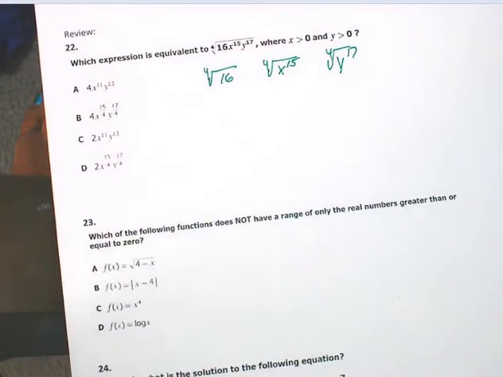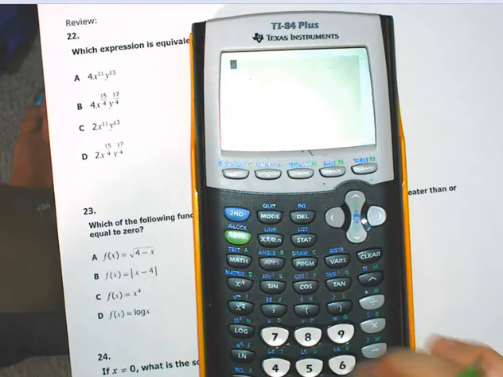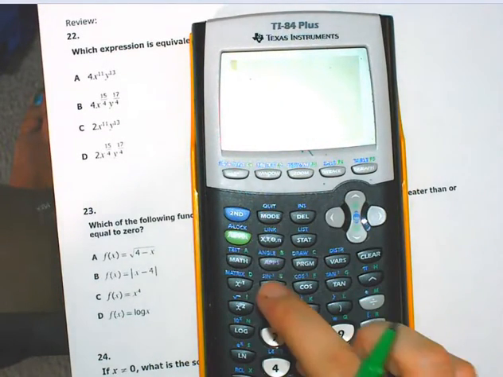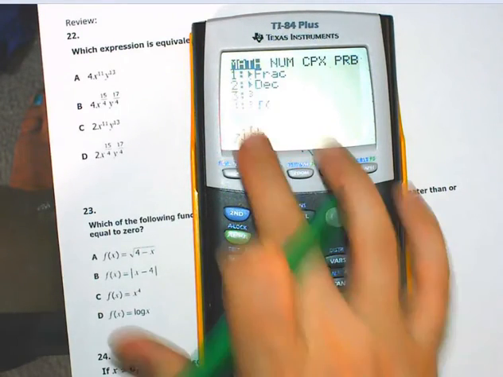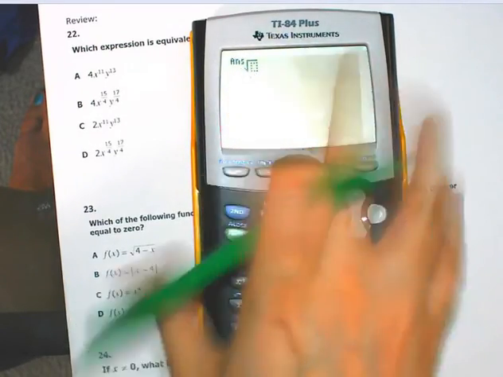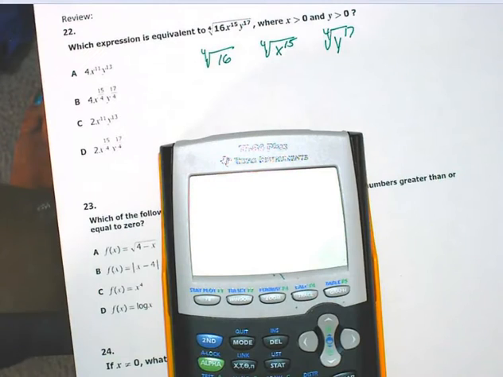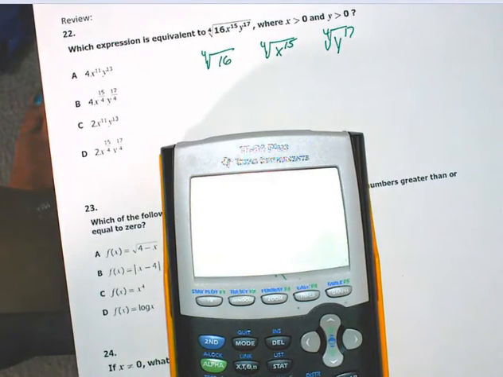All right, let's just check to see if this 4th root is a perfect 4th. So you're going to go to math, and then you're going to go down here to number 5, and notice that it's asking for the 4th root. So I'm going to do 4 here, and I want to know what the 4th root of 16 is. That's going to give me 2, so it is perfect.